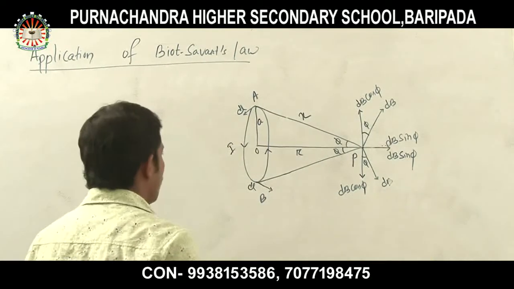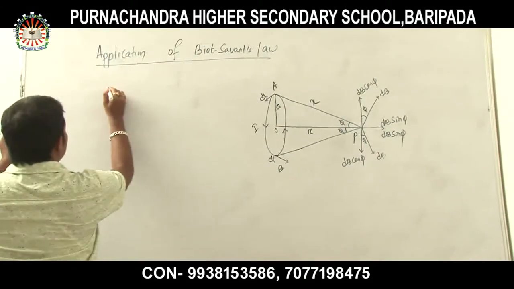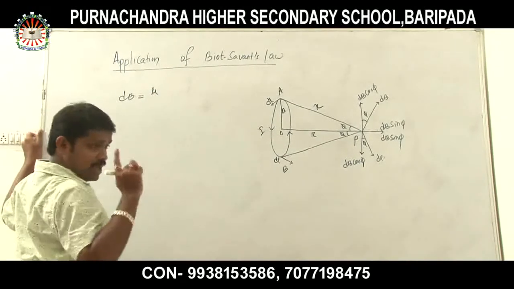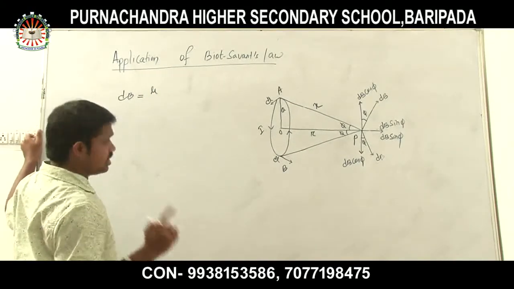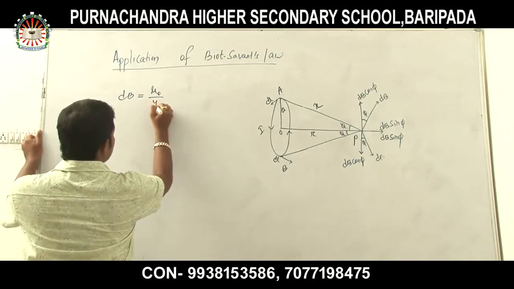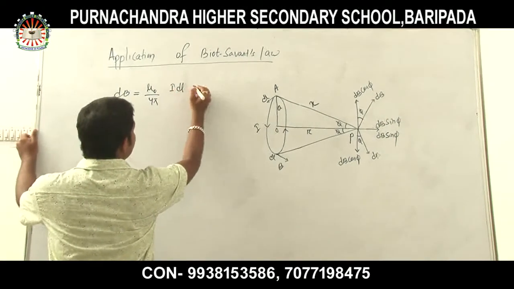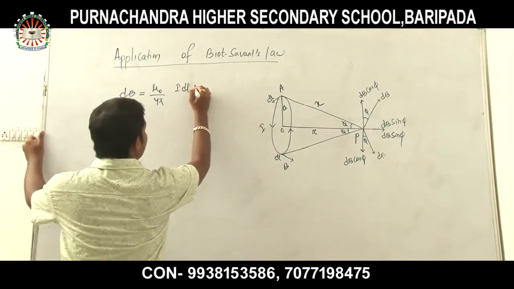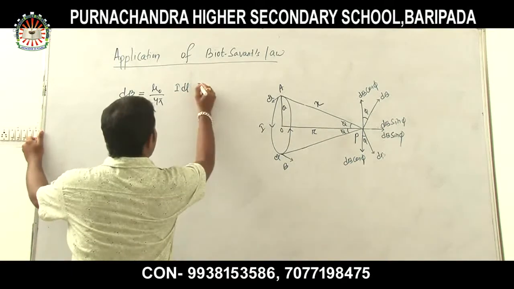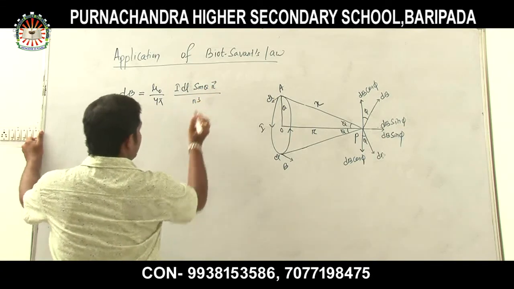So first of all, from Biot-Savart's law, what do I know? Due to a current carrying conductor, listen very carefully, I have discussed this in the previous video. dB = (μ₀/4π) I dl sin θ r̂ / r².